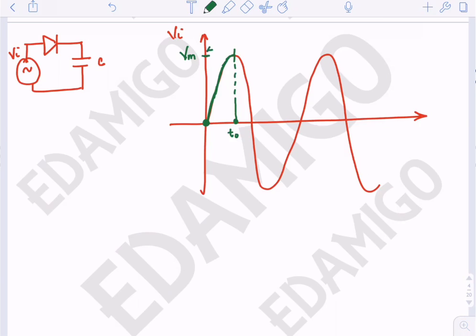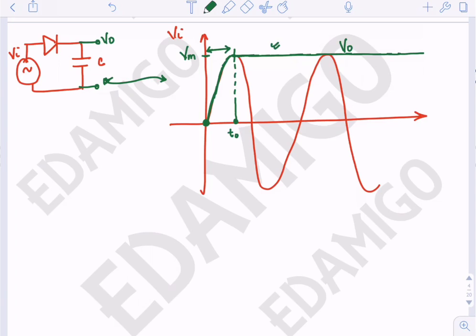So the diode is on in this time duration, but after this, when the input goes below Vm, the diode will turn itself off and the capacitance voltage will remain constant at Vm forever. So if this is the circuit and the input is sinusoidal, the green one is the output volts, that is across the capacitance. So this is the output volts.